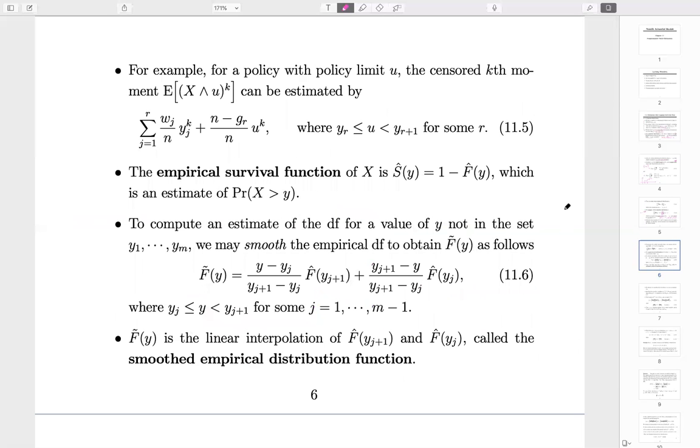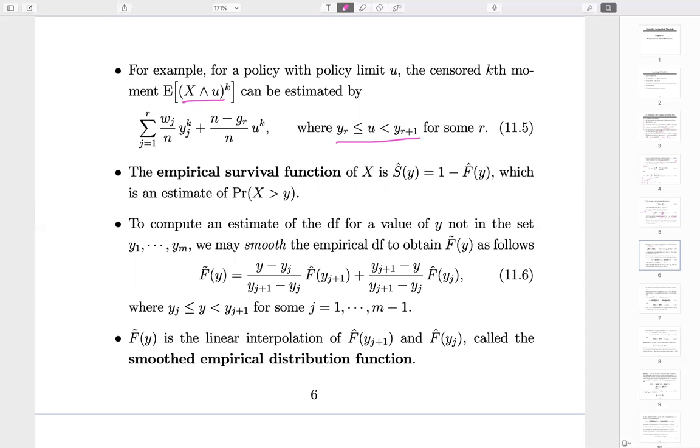In fact, we can also do the censored moment if you want. Censored means you're going to cut on the right hand side. Beyond this point is simply U. So we just need to discuss where this U is located. Assume this U is between two observations.